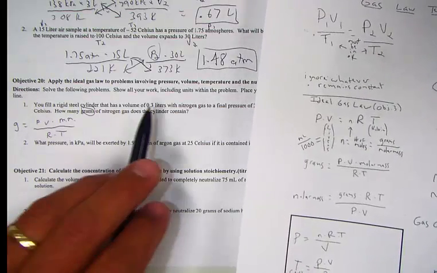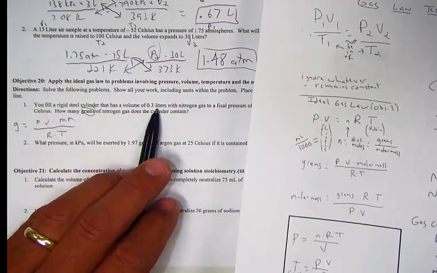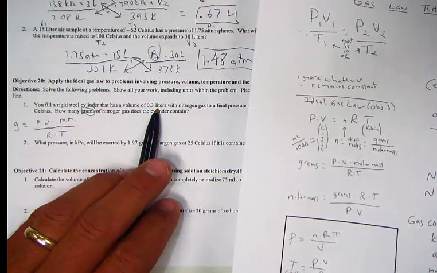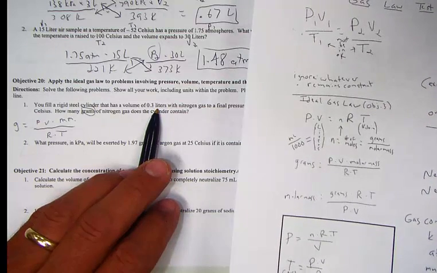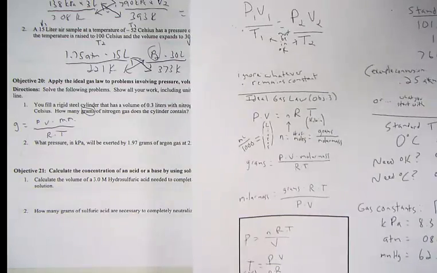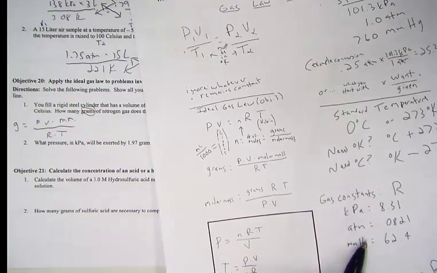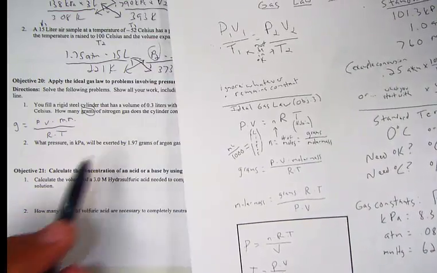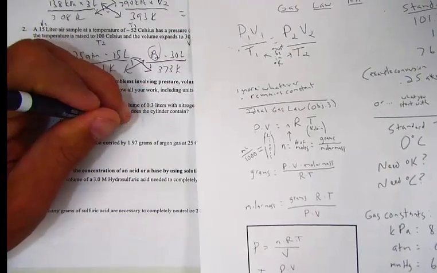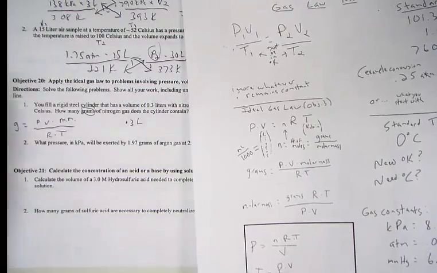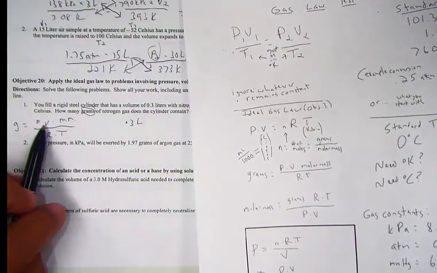So start reading. I got a 0.3 liters, and remember that with these PUV-NERTs, it does need to be in liters. All these R values that I have down here were calculated using liters and not milliliters. This is already in liters. Figure out where the V goes. I'm just going to read through the problem and set it up rather than go finding each part.